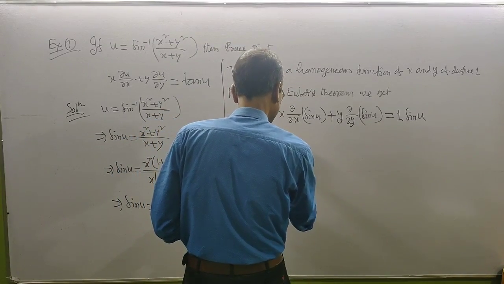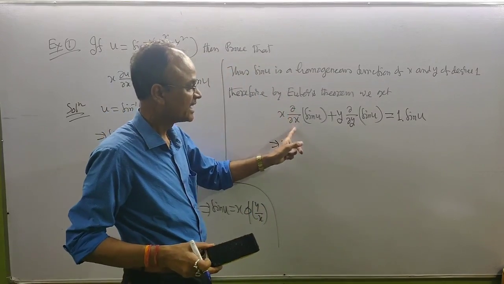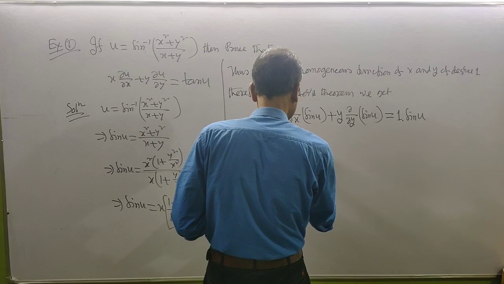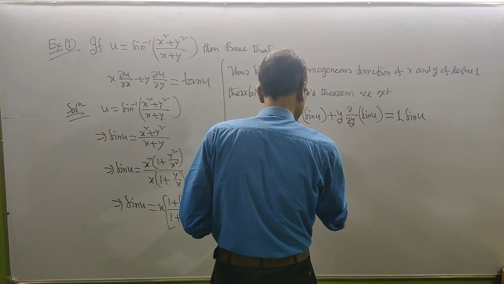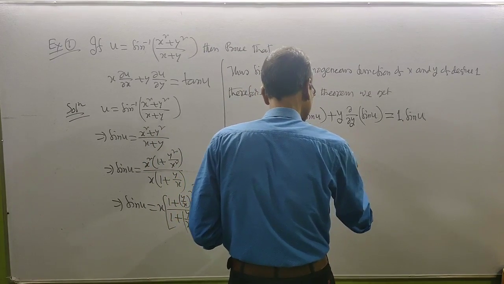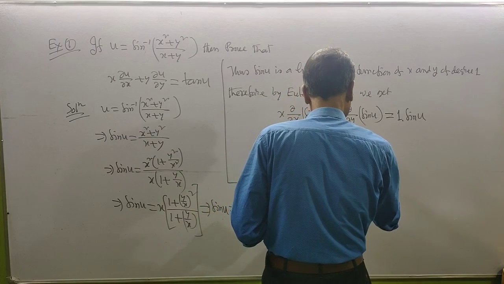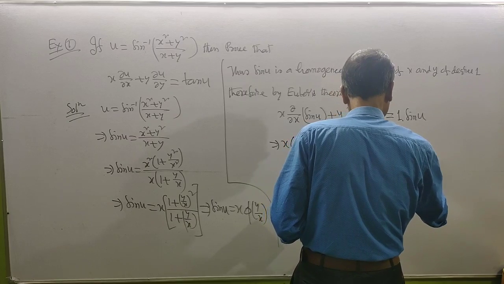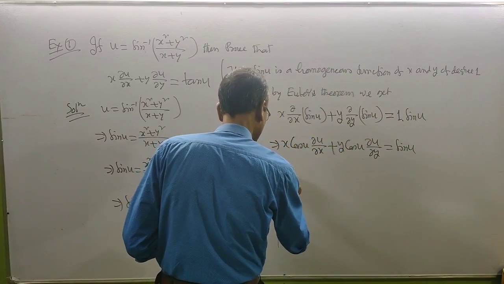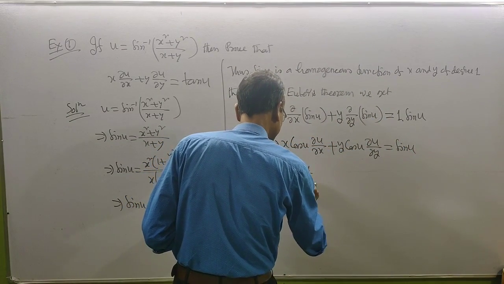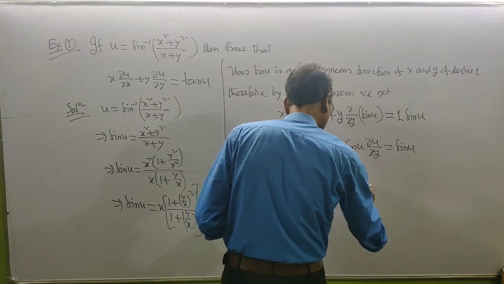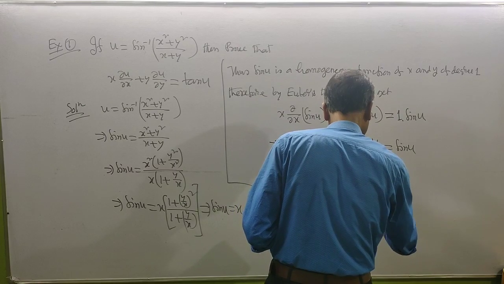This means x del del x of sin u, the differentiation of sin u is cos u del u by del x, plus y, again cos u del u by del y, equals sin u. Or x del u by del x plus y del u by del y equals sin u by cos u.